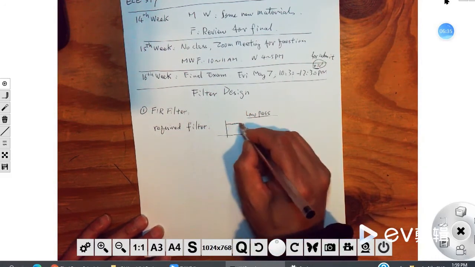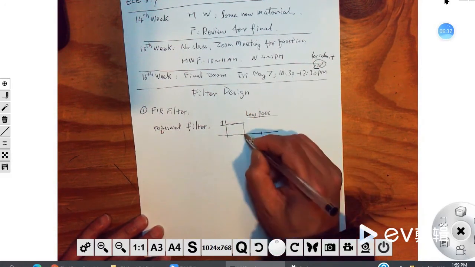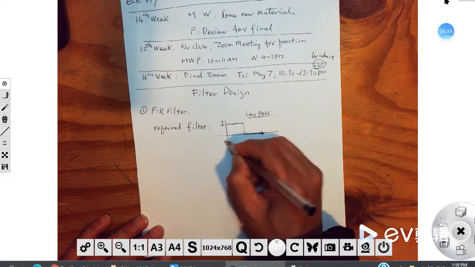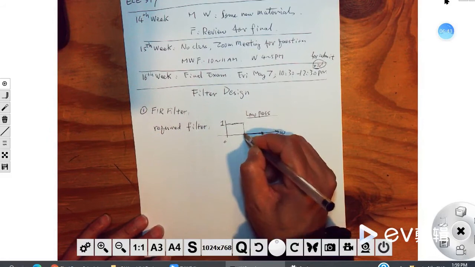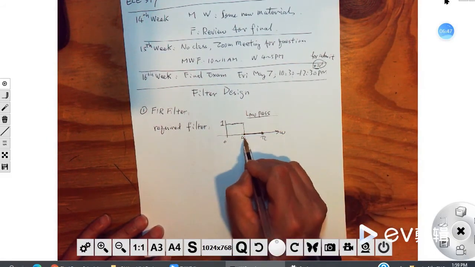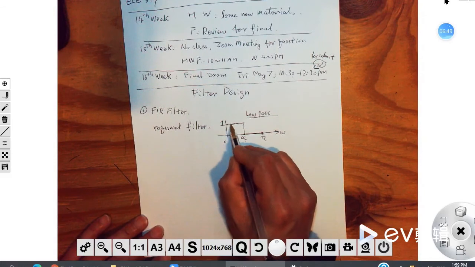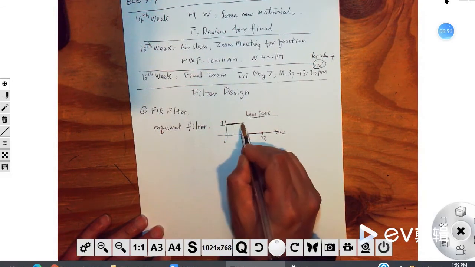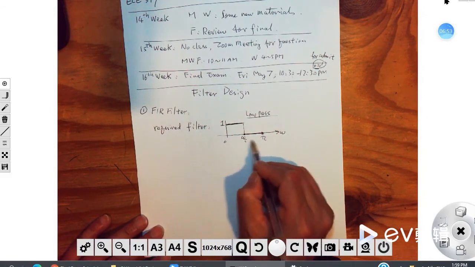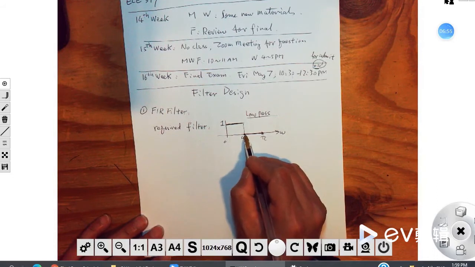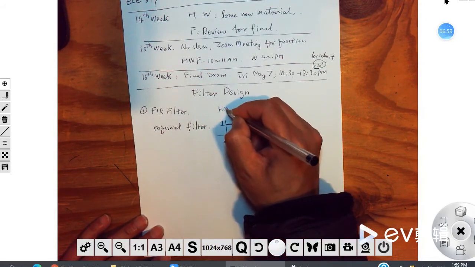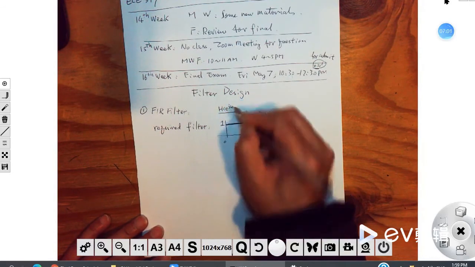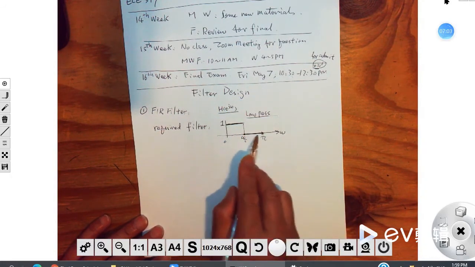This is 1 here, and this is 0. From 0 to pi, this is omega, and we have a cutoff frequency omega c. When omega is smaller than omega c, it is just 1, and when omega is larger than omega c, it is just 0. This is the frequency response.